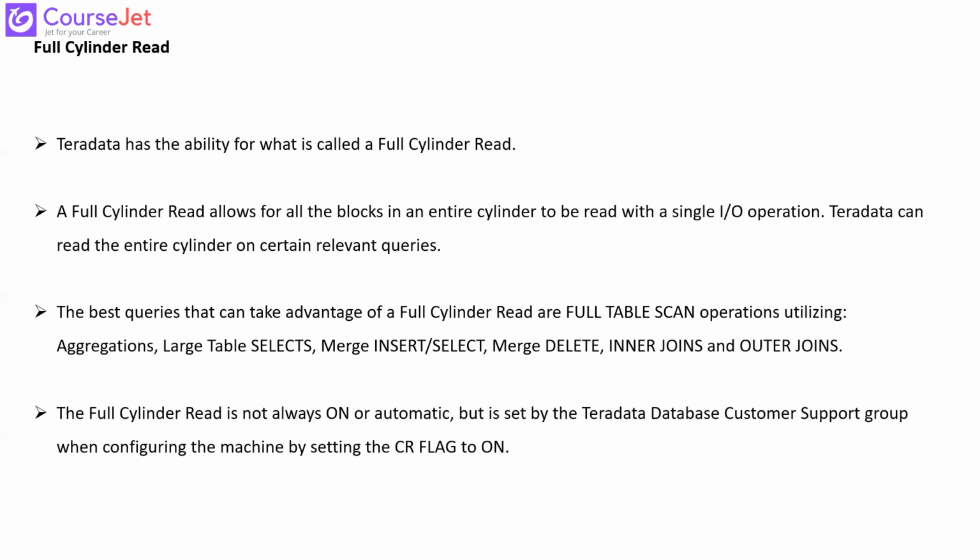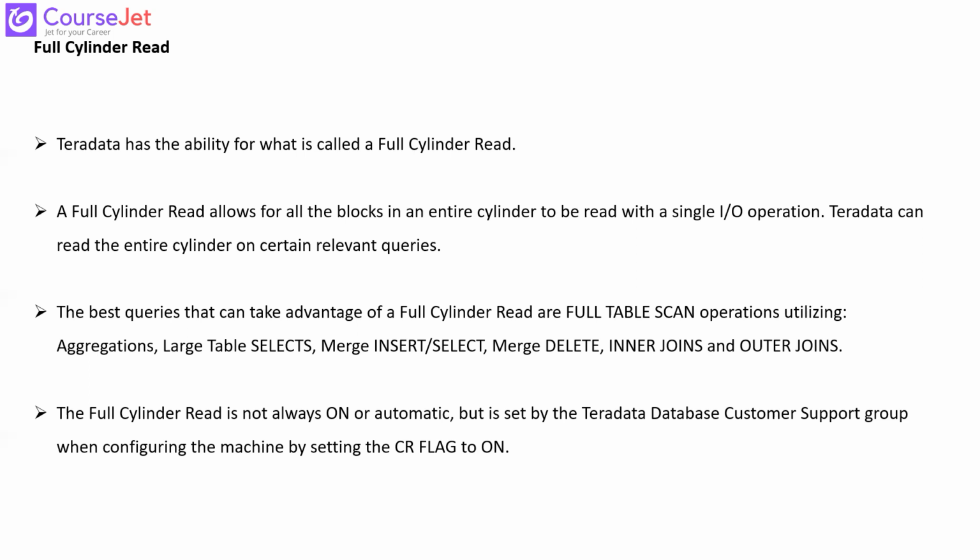So the best queries that can take advantage of full cylinder read are those doing a full table scan. We saw earlier that in a full table scan, each and every row is read. So basically all the cylinders are read, and in turn all the blocks are read.